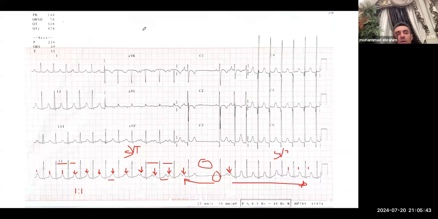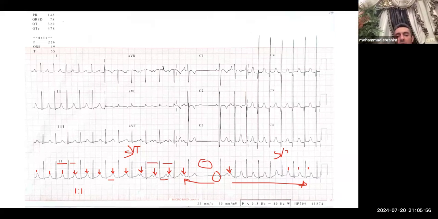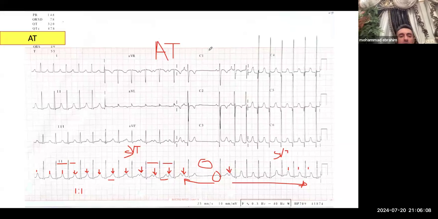P on top of T. During tachycardia it's okay for the ST segment to get elevated, he's tachycardic and in distress. That's an example of atrial tachycardia ECG which is usually more difficult to figure out.